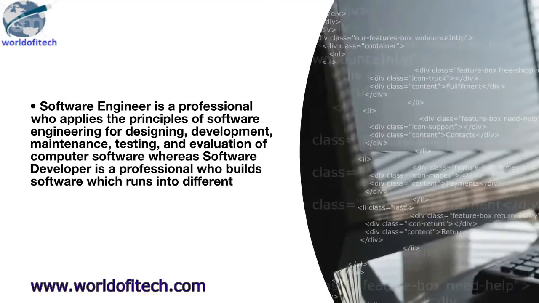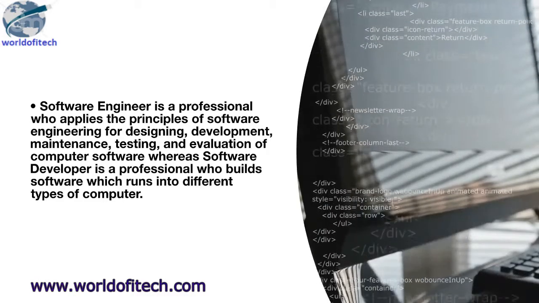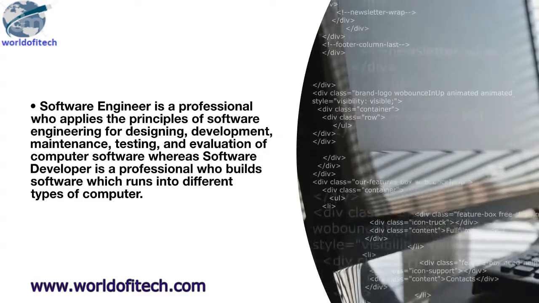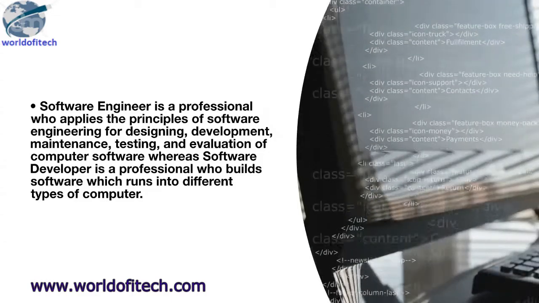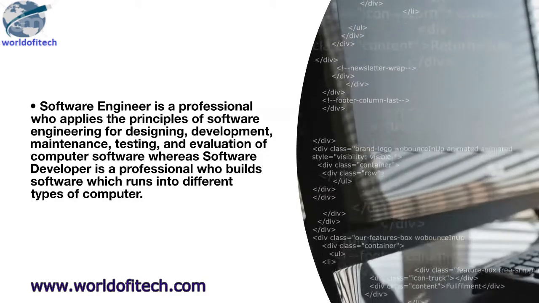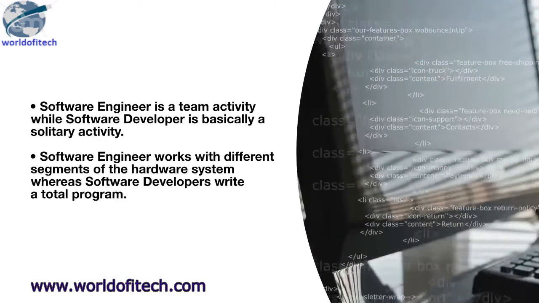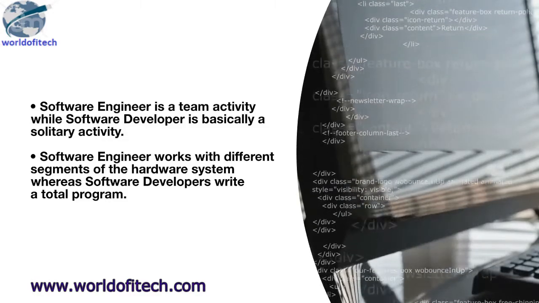A software engineer is a professional who applies the principles of software engineering for designing, development, maintenance, testing, and evaluation of computer software, whereas a software developer is a professional who builds software which runs on different types of computers. Software engineering is a team activity while software development is basically a solitary activity.